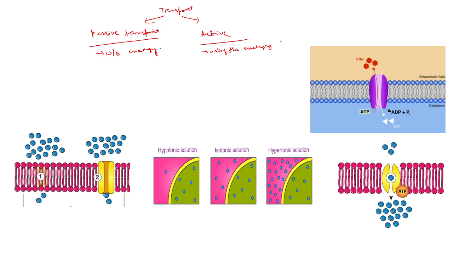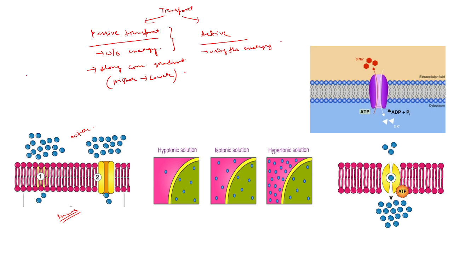Now come to passive transport. Passive transport means the molecule is transported along the concentration gradient. What is along the concentration gradient? That means from higher concentration to lower concentration. Look at this structure. Let's say this is the outer layer and this is the inner layer.